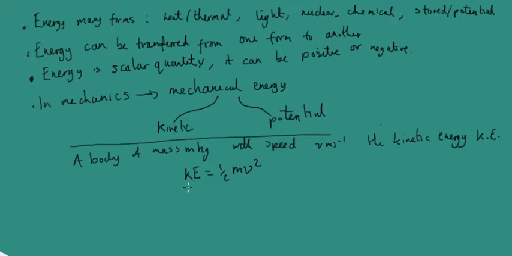And kinetic energy is, well, if you think about it, you've got the kilograms from the mass times meters per second squared, and this is also the same as Newton meters, which is the same as joules.